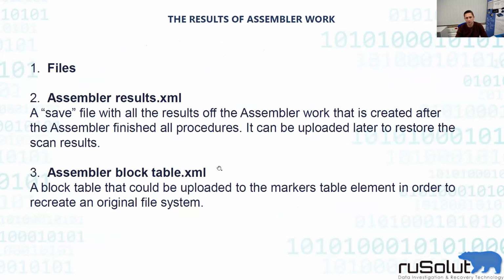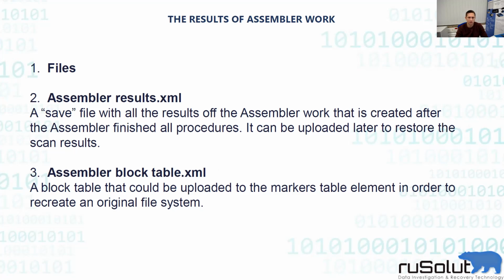And finally, let me say what you will get after the assembler finishes the work. Firstly, of course, you will get files, a list of files, like an Explorer with all files there. Then it will create one XML file with assembler results.